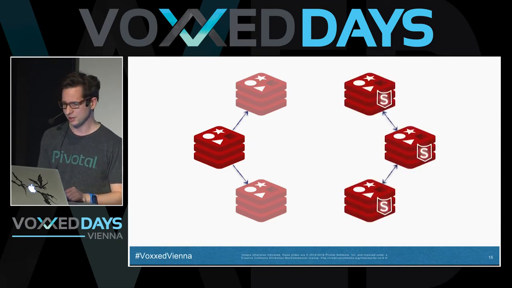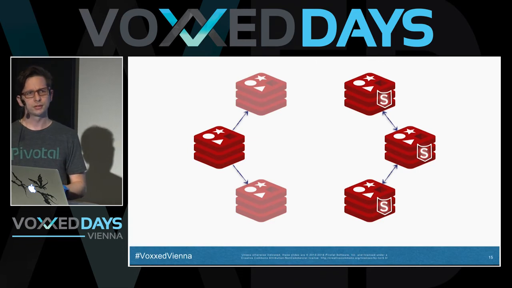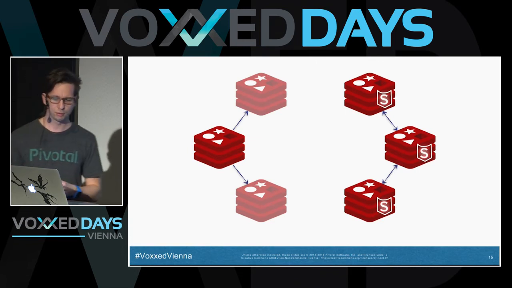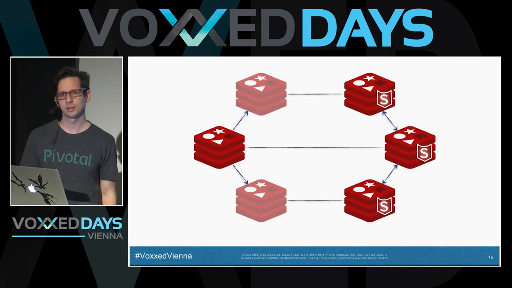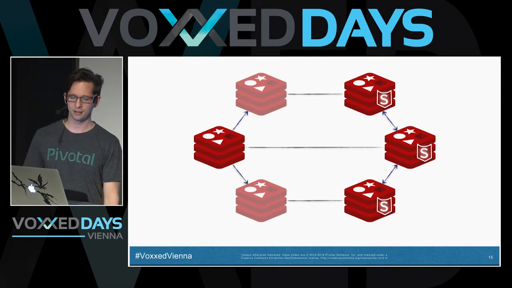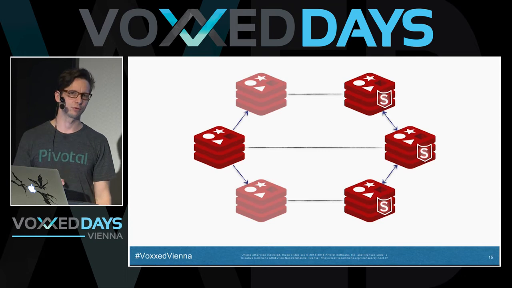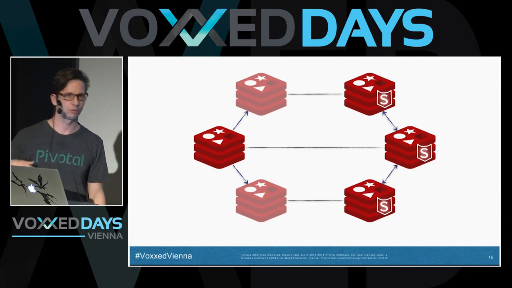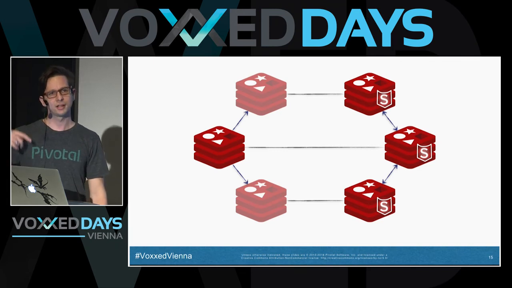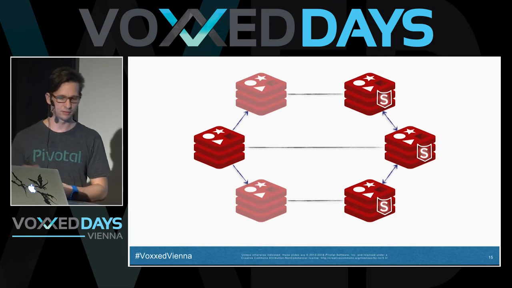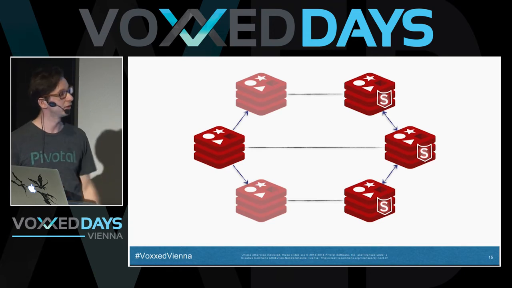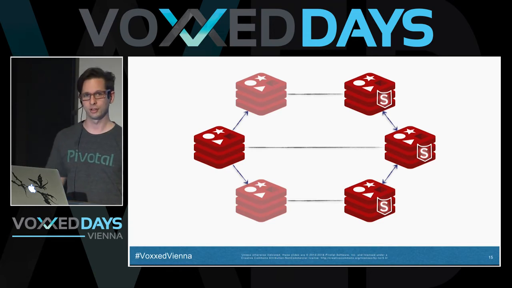So Sentinel is basically a Redis server that behaves a little bit differently. It watches all your master-slave configuration with a heartbeat, and then checks if the master goes down, and then there is a master election going on, and the clients get notified automatically that the master is down and that the new master has been elected, and that this particular server, let's say the upper one there, is now the new master.